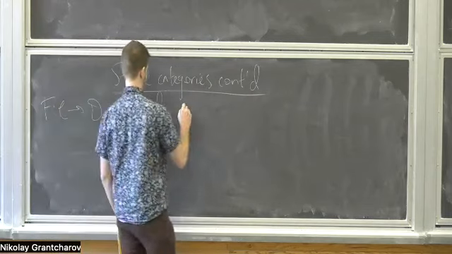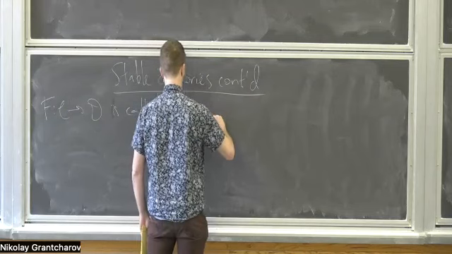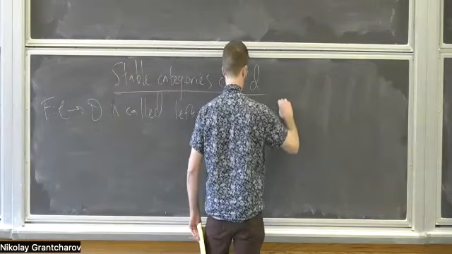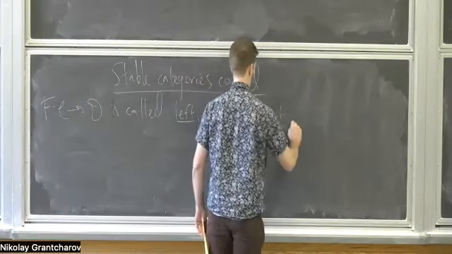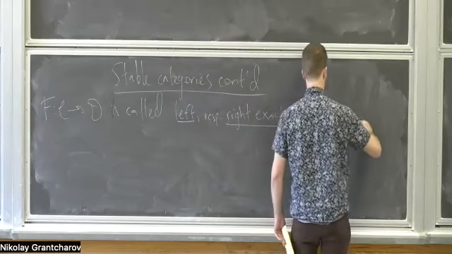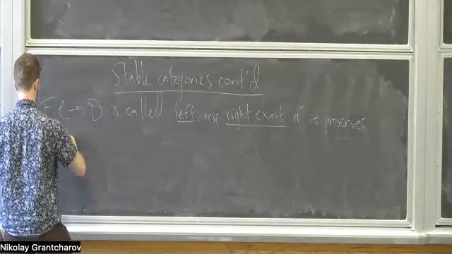A functor F is called left, respectively right, exact if it preserves finite limits, respectively finite colimits.